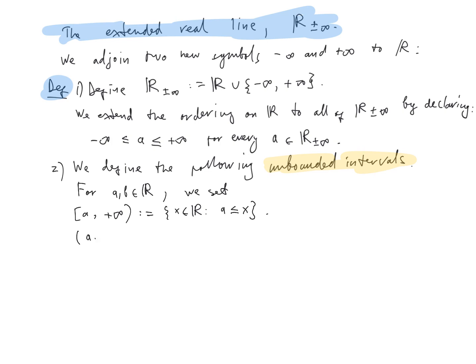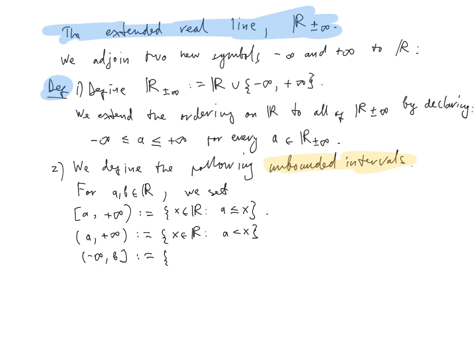We also consider the two-sided open interval A plus infinity, which is going to consist of all real numbers x, for which A is strictly less than x. We also have an interval minus infinity B, where it's open on the left and closed on the right.